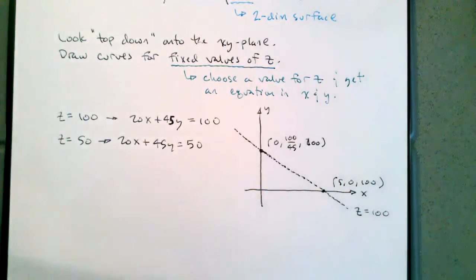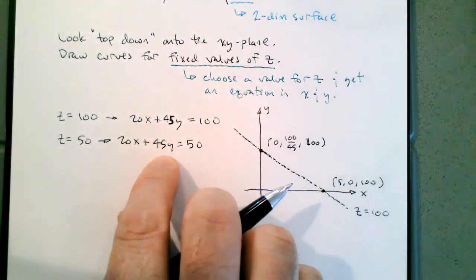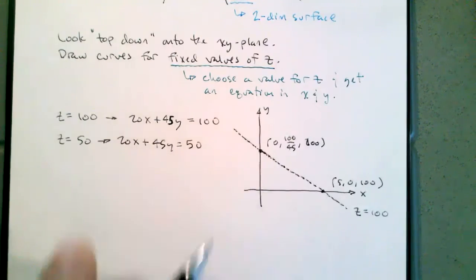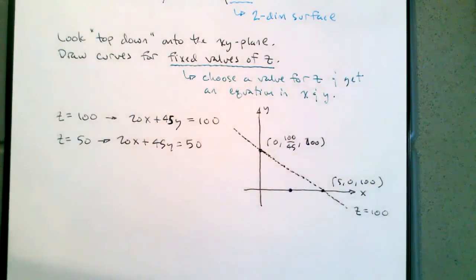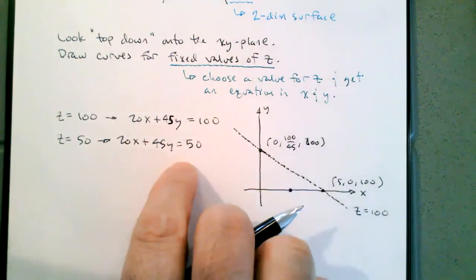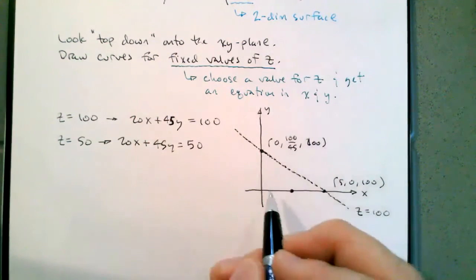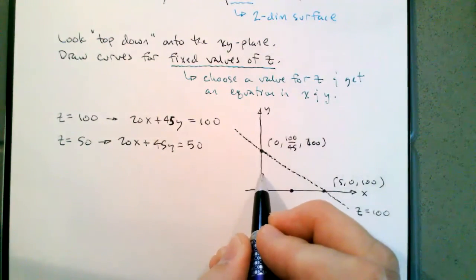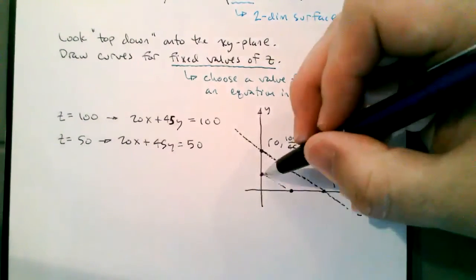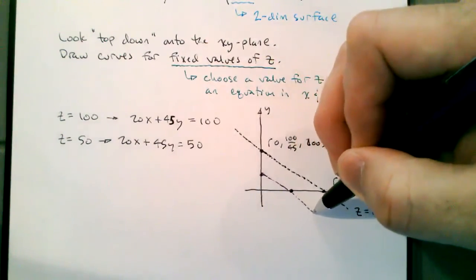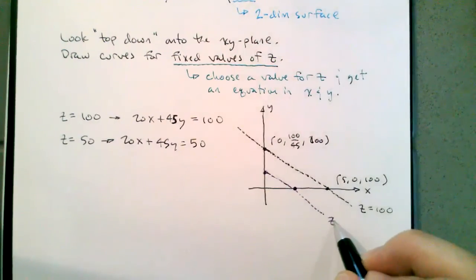When y is 0, x is going to be 50 over 20, or 2.5. And when x is 0, y is 50 over 45. So we're going to get this line when z is equal to 50.